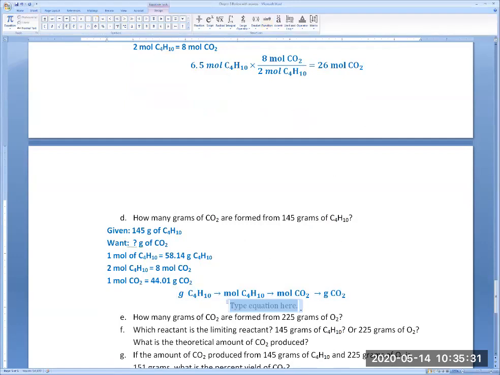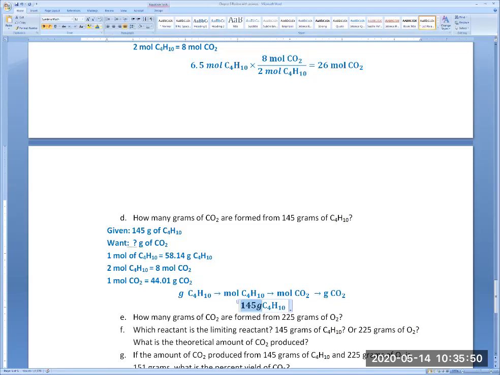And so always start with the given amount. So here 145 grams of C4H10. Let me copy C4H10 from here. Okay, so that's our given amount.